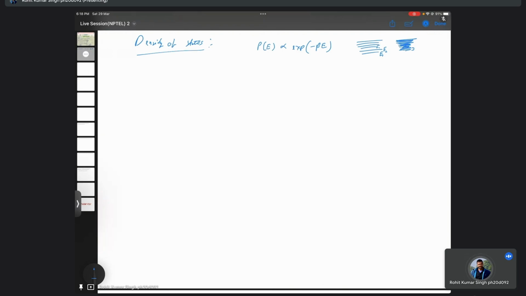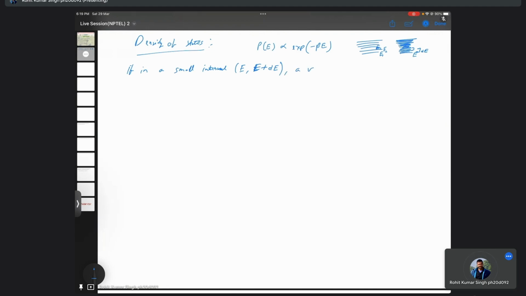This is where the density of states comes in. Suppose you take E and E plus dE, a very small interval dE, so that you cannot differentiate all the energy states lying in this interval.